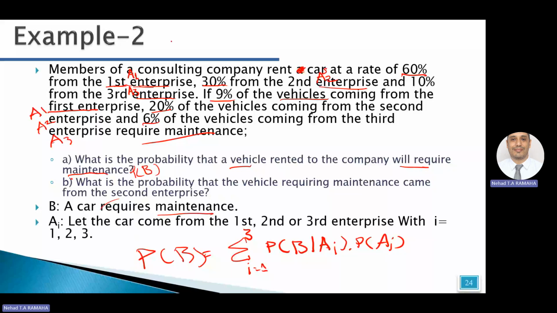Probability of A1, it's given to you, 60%. So 0.6.